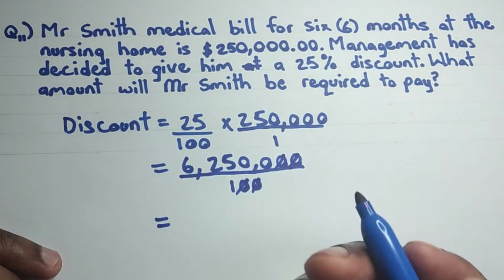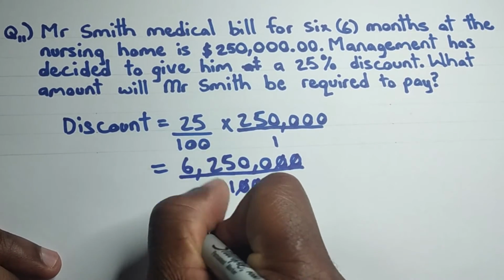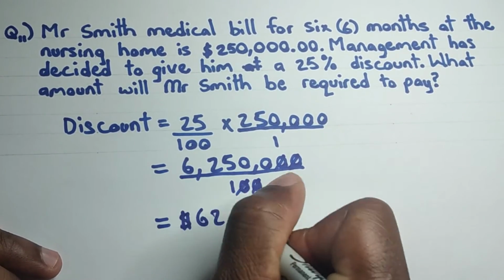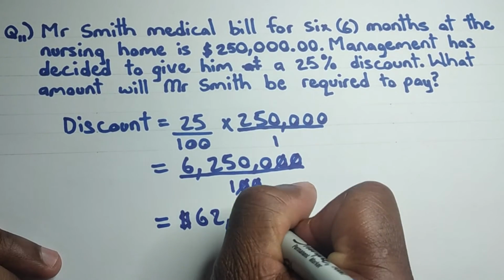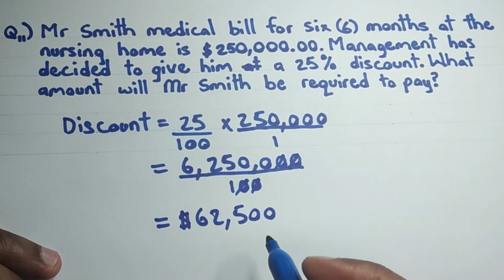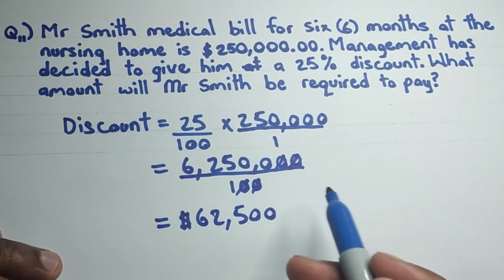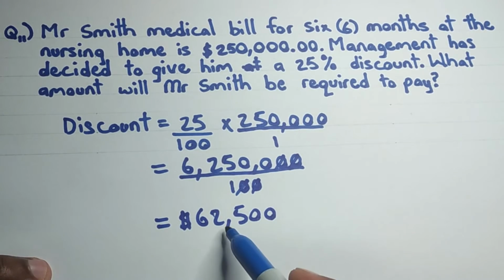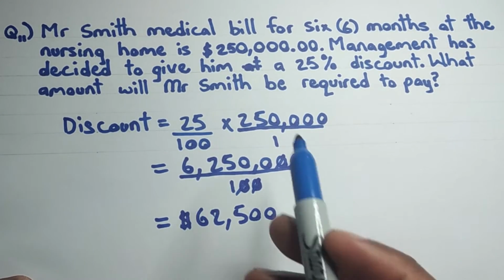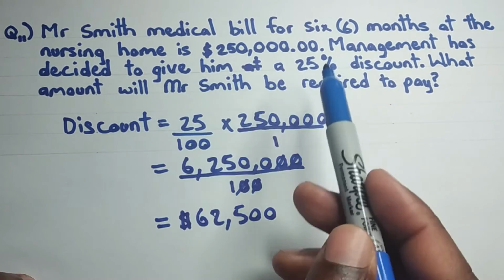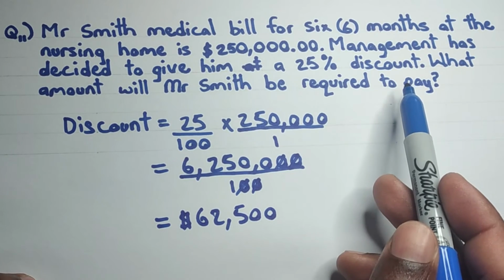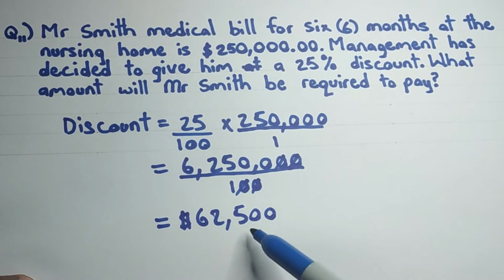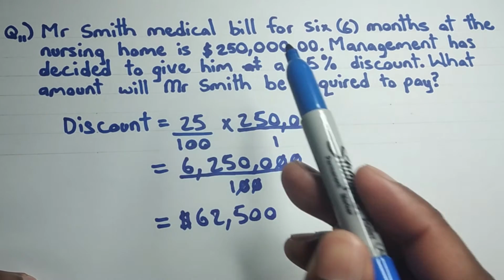Either way, we'll be left with $62,500. So the discount would have been $62,500. The 25% discount simply means he gets $62,500 off the original cost.